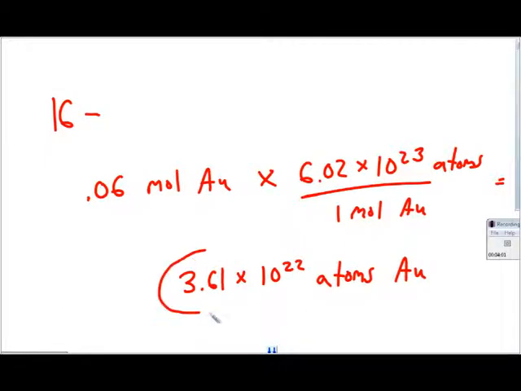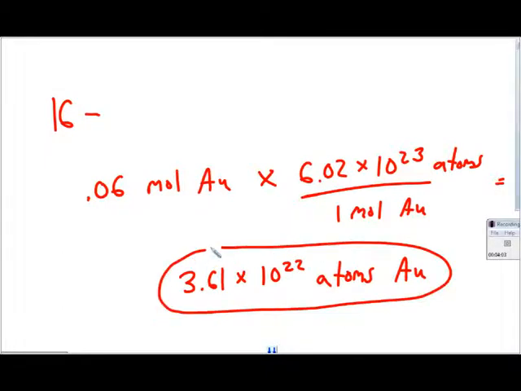That makes sense. We have less than Avogadro's number because we have less than a mole. It's just like there's 12 in a dozen. If you have less than a dozen, you have less than 12 eggs. So if you got a number that was bigger than Avogadro's number, you know you did something wrong.